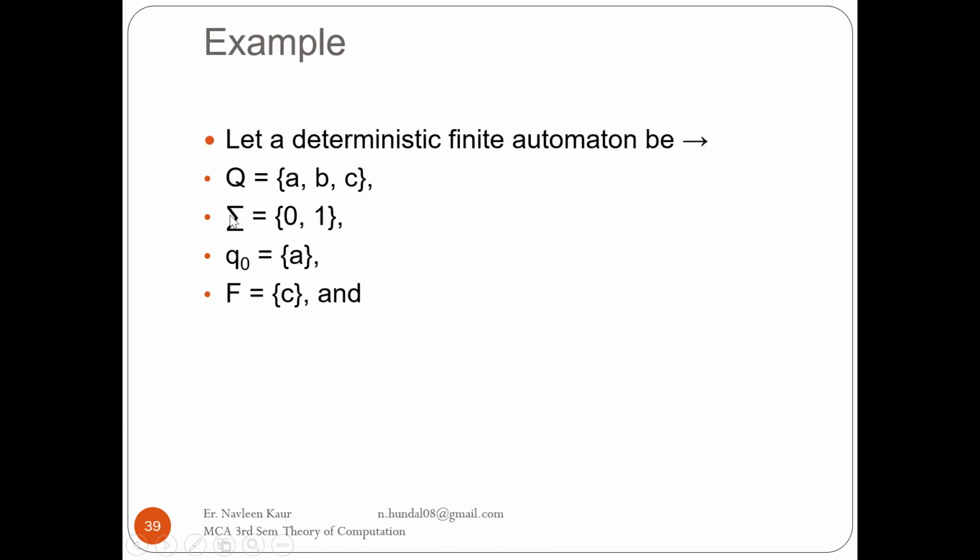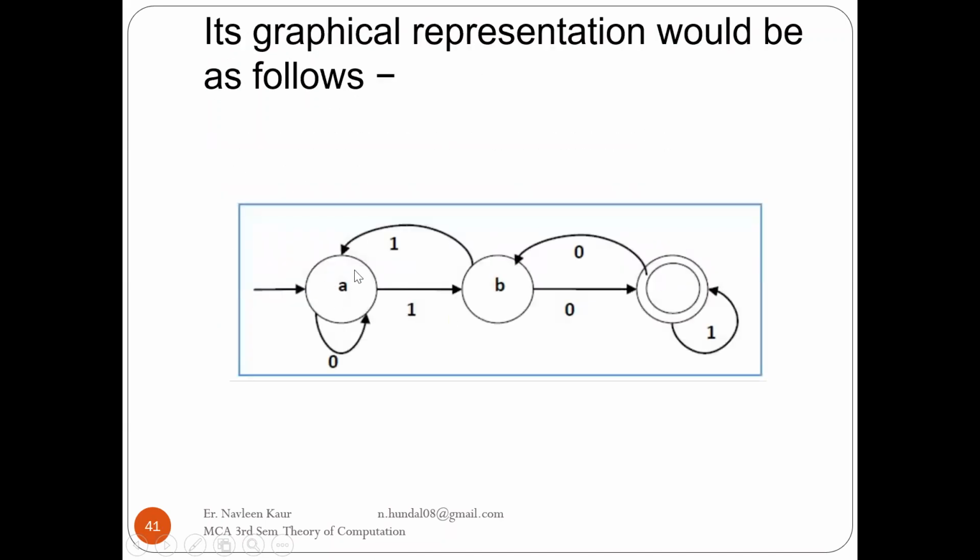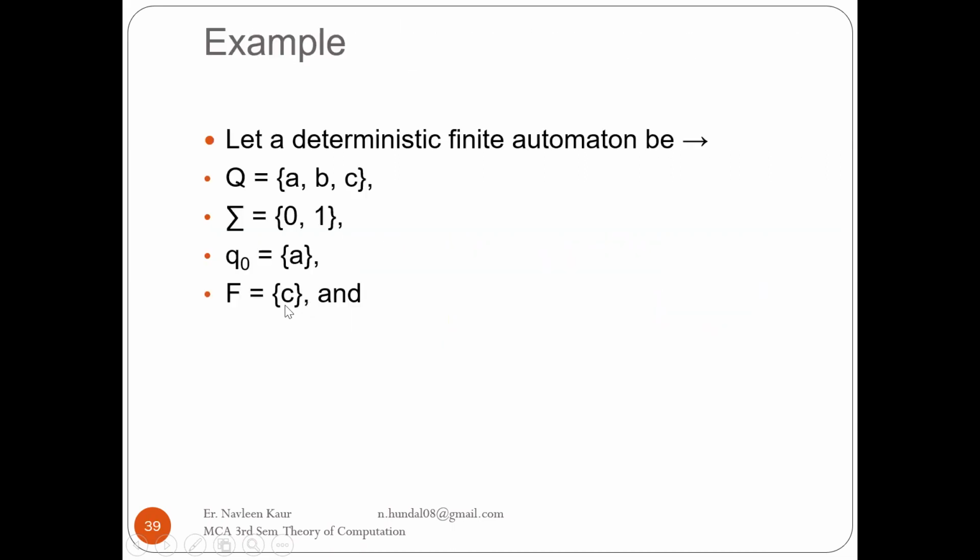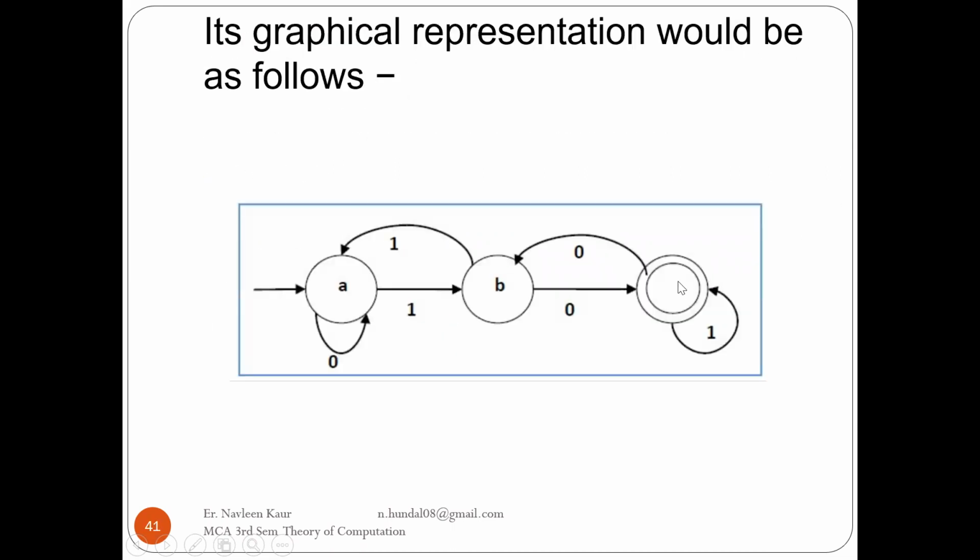Now your input alphabet, which was previously made up of A and B, is now made up of 0 and 1. It means input is of the type 0 and 1 now. Here it is giving you a hint that your starting state will be A. It means this is your initial state and your final state is going to be C. How can I say that A is my initial state?